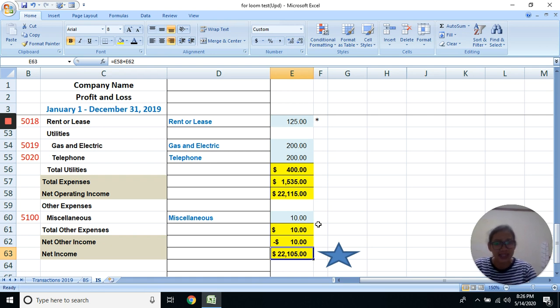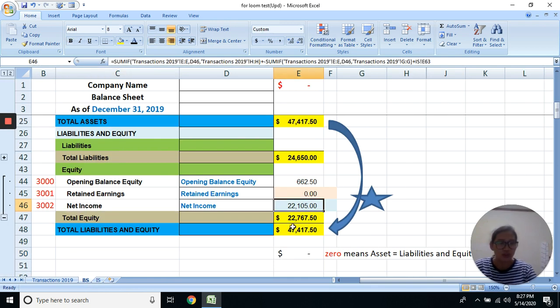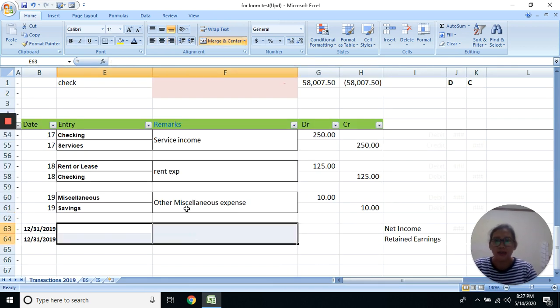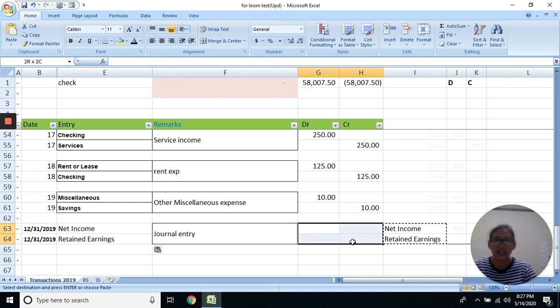So as we can see, our income statement is linked in our balance sheet, the net income 22,105. So at the end of the year, we will have our journal entry. So we will debit the net income. So we will close it out to our retained earnings.